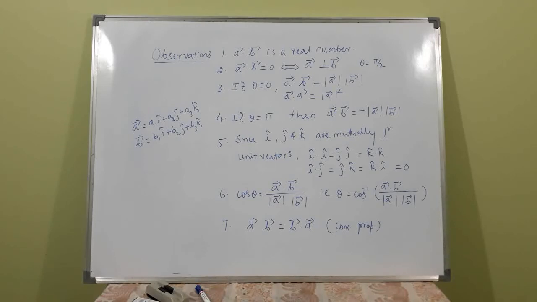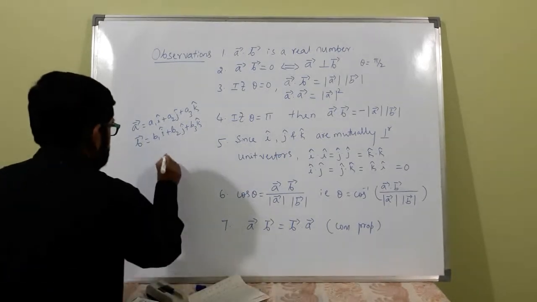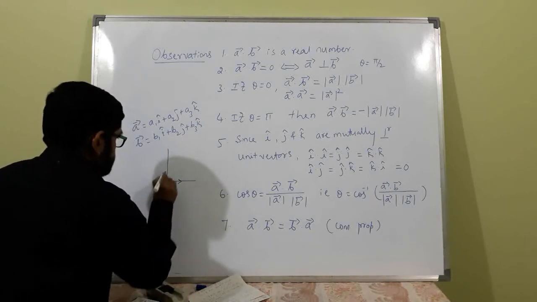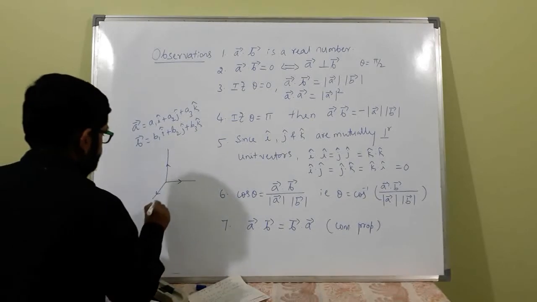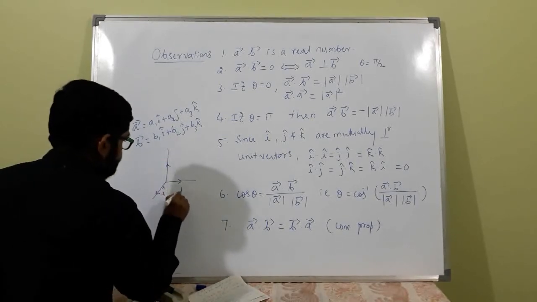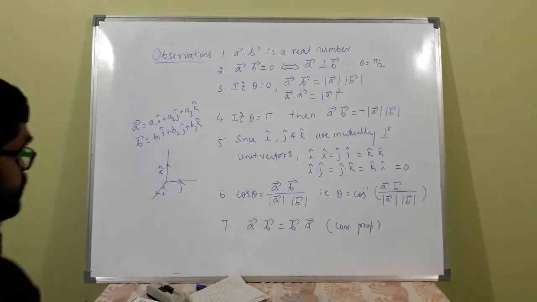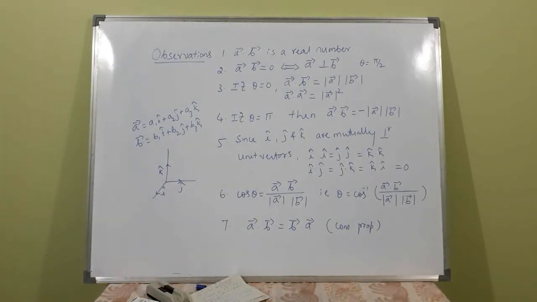Since A dot B is 0 implies theta is 90 degrees, suppose I, J, K are the unit vectors along x, y, z axes. As you saw in the earlier video, this is I, this is J, this is K. These three are mutually perpendicular, isn't it?